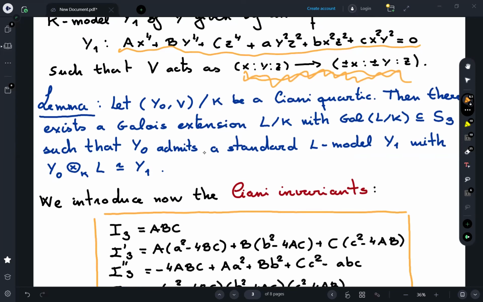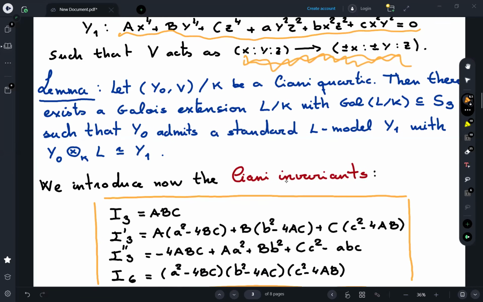Now, if you have a plane Ciani quartic that is not given by a standard model, the only thing that you have to do to compute invariants is to find a standard model given by a change of variable with determinant 1. And then you use the coefficients of that standard model to compute invariants.